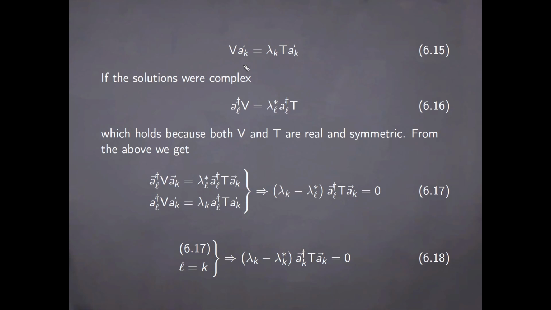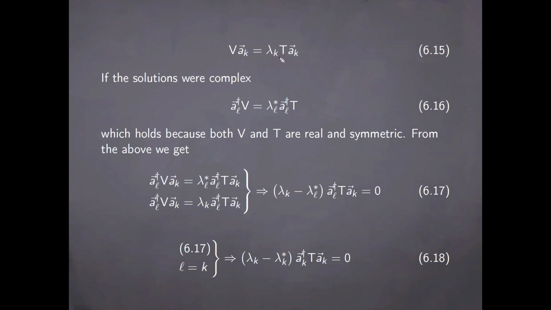And then if we were to assume that the solutions were complex, then we could write the Hermitian adjoint of this equation for some other vector, let's say of index l, in the form here. And this holds because, as we have seen, both the operators v and t are real and symmetric, and as such they are equal to their Hermitian adjoints.